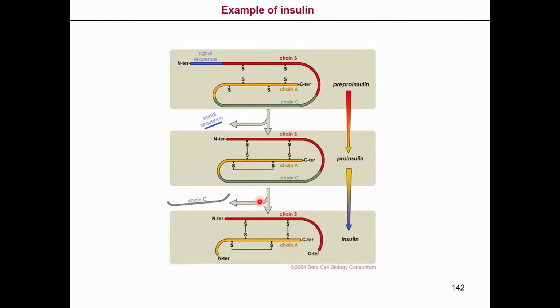And after that, we have the last modification. It's the cleavage of the chain C. And now you have insulin, which is a peptide composed of two chains linked together by disulfide bridges. Okay?